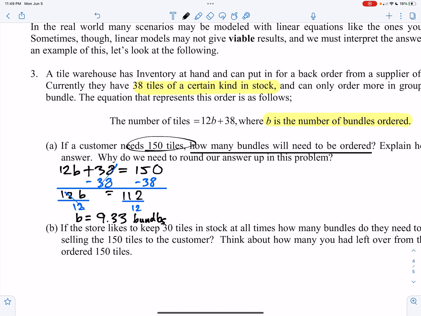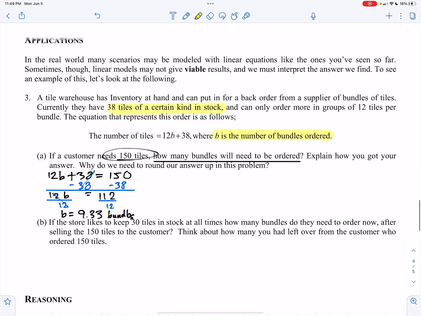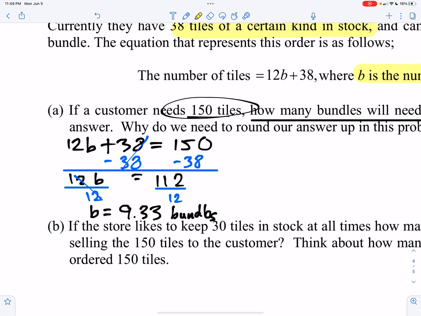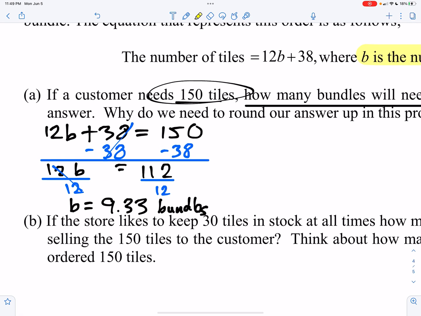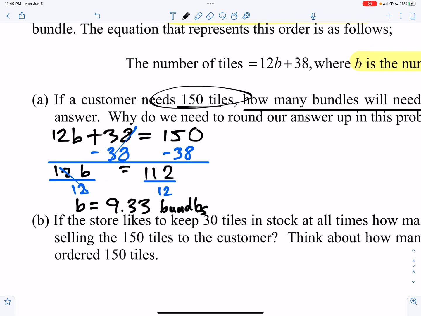Okay, but what we need to know about this, we're first finding how many you ordered, but here's the thing. You can't order a third of a bundle. This is 9 and 1/3 bundles. You can't order a third of a bundle. So what would we have to do? We would have to round to the nearest whole number, which would be 10 full bundles.